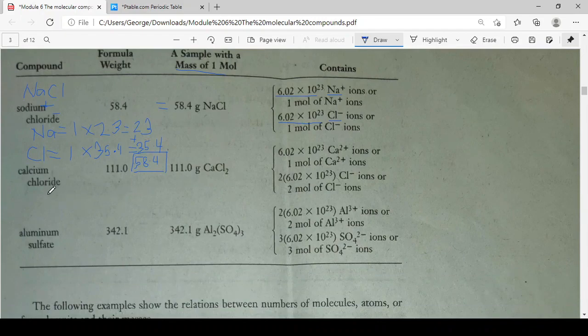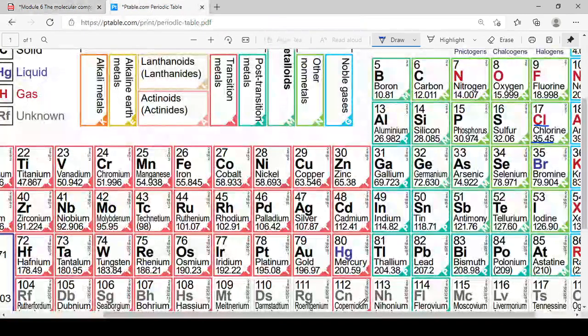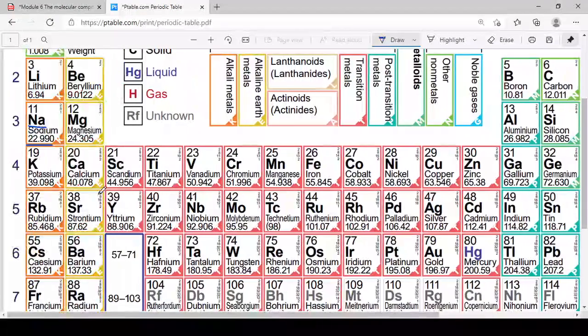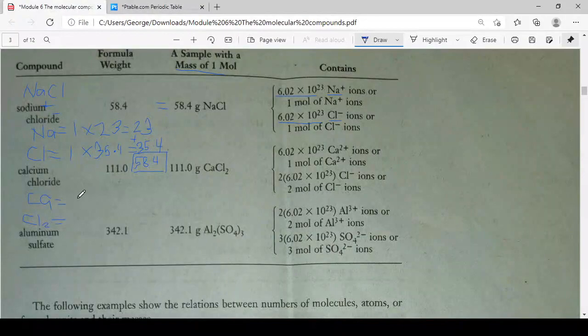Next, we have CaCl2. How do we solve the formula weight? To solve for the formula weight of calcium chloride, we have Ca and chloride, which has a subscript of 2. Let us find them in the periodic table. First, calcium contains an atomic mass of 40. Here, 40. How many is the subscript? Only one.